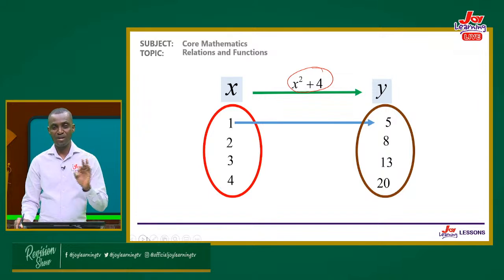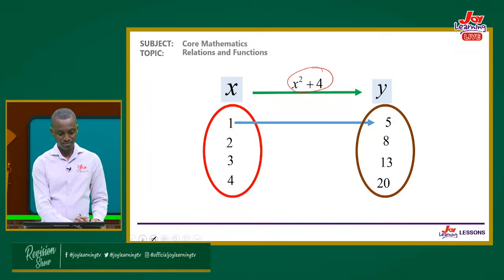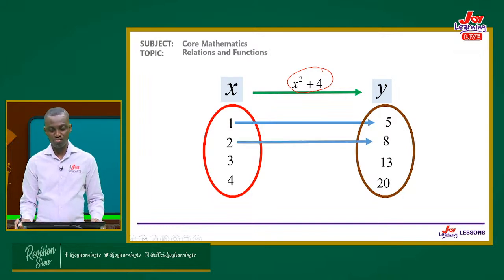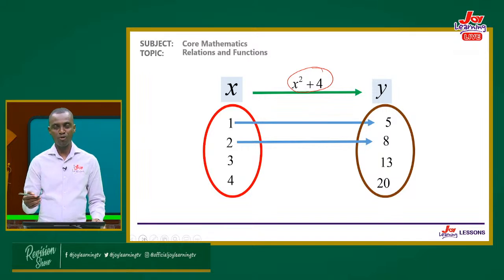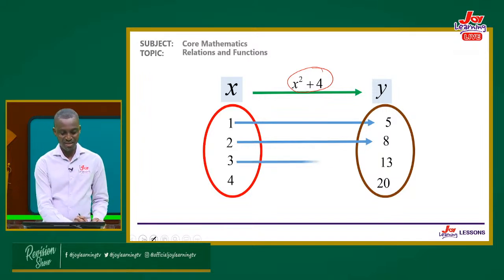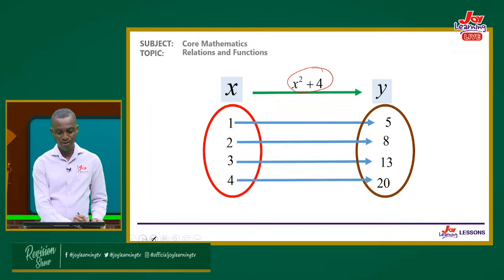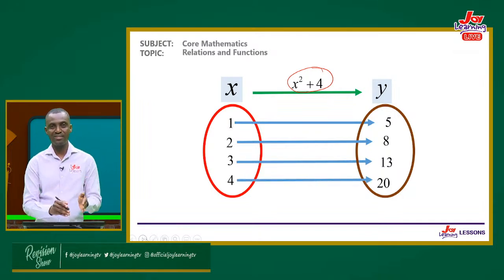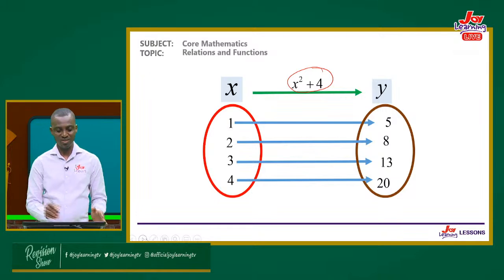I can't get more than one answer. Then if I square 2 and add 4 to it, I'll get only one response, which is 8. The same thing applies to 3 and then 4. So this is what we call one-to-one relation.